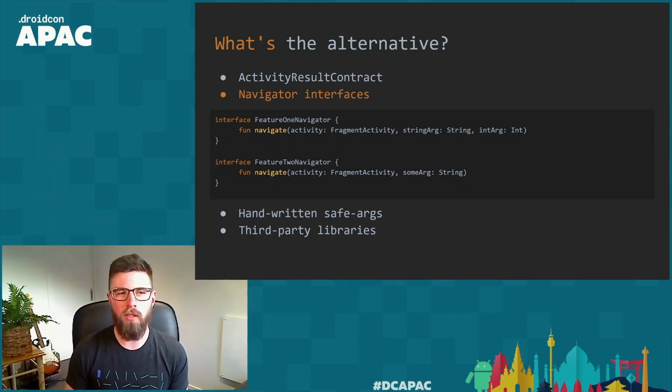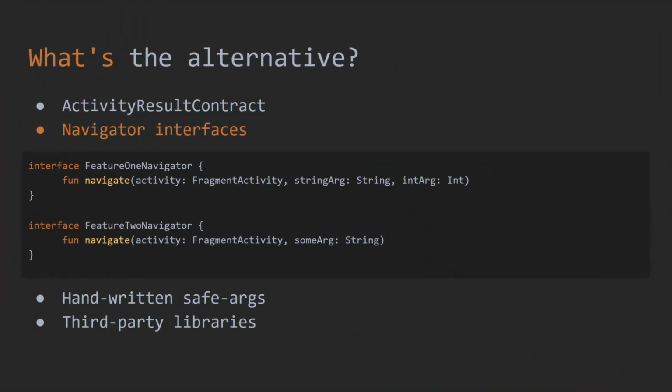So you can imagine that the feature one module would implement and provide an implementation for feature one navigator, and the feature one fragment would ask for feature two navigator to be injected into it, and then it would be able to use that to perform navigation.